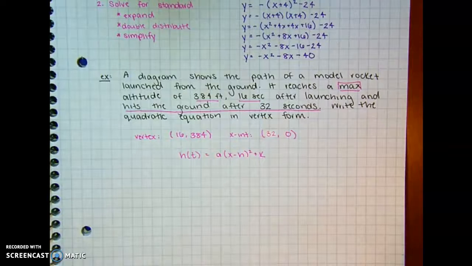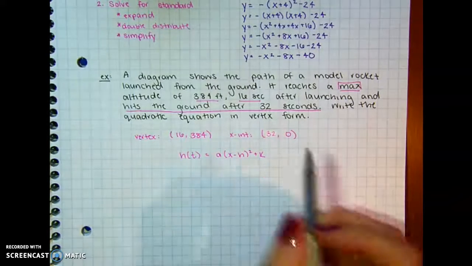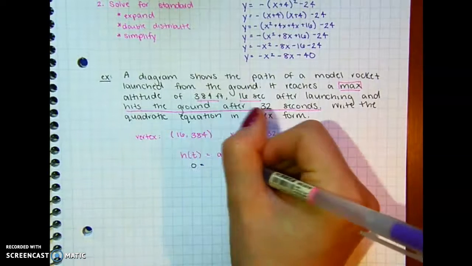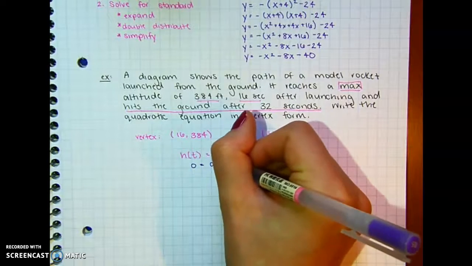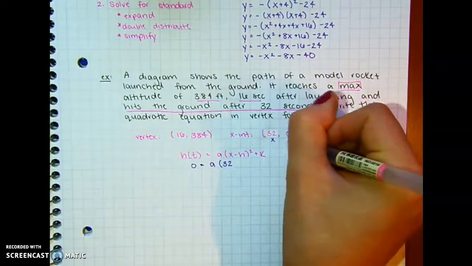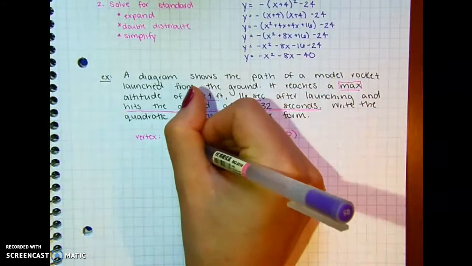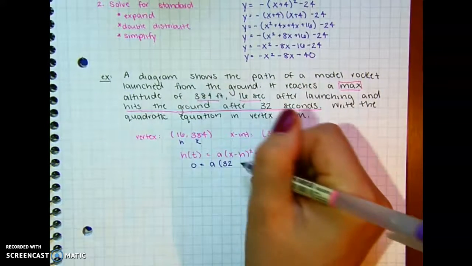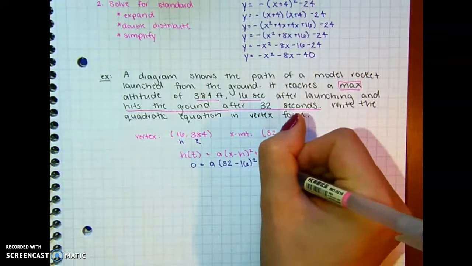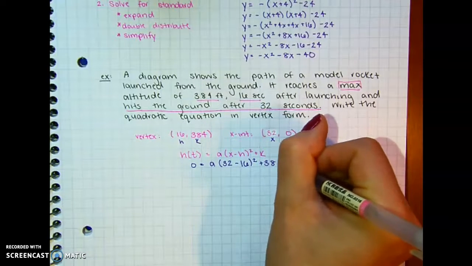Substitute in what we know. 0 for my height here, and I'm going to solve for a. My x value is 32, because this is x, y, and this is h, k. So then it's minus 16 plus 384.